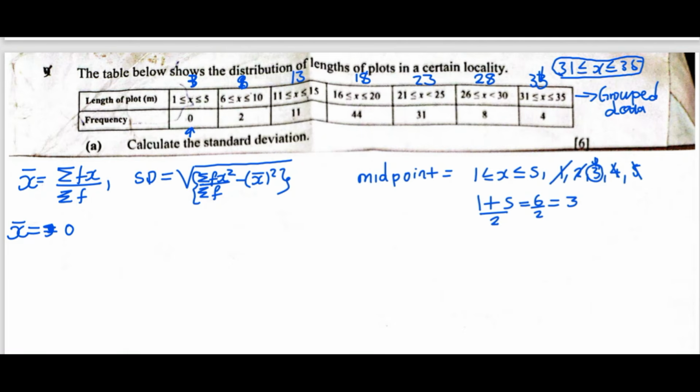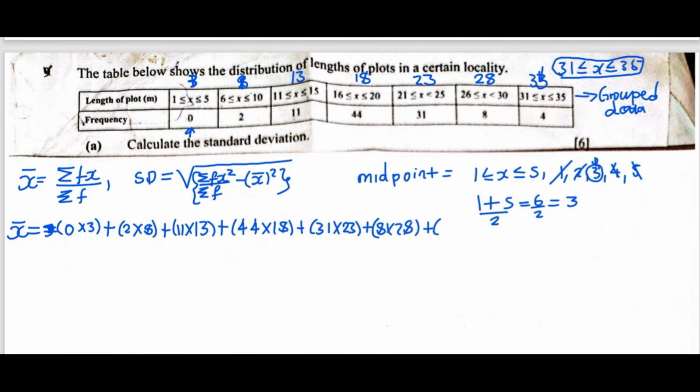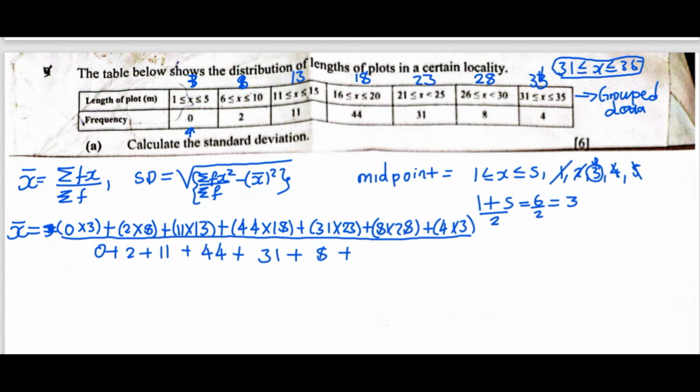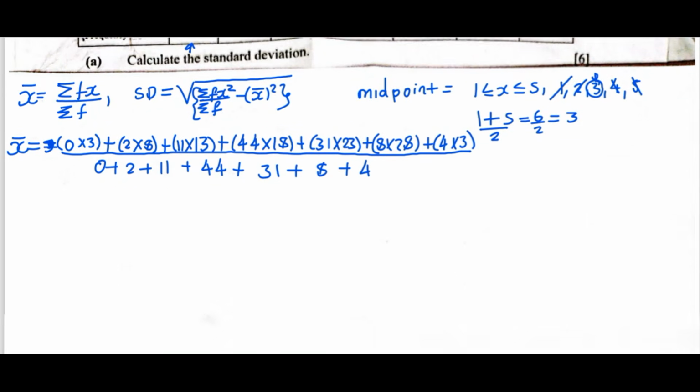So the frequency is 0 times 3 plus 2 times 8 plus 11 times 13 plus 44 times 18 plus 31 times 23 plus 8 times 28 plus 4 times 33 over the total of the frequency, which is 0 plus 2 plus 11 plus 44 plus 31 plus 8 plus 4. Okay, so now let's proceed.